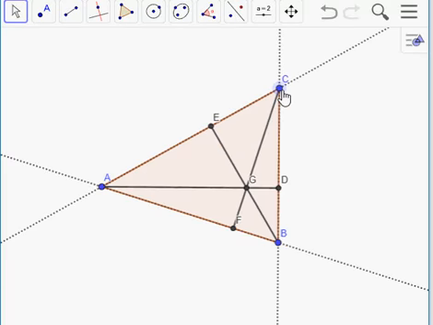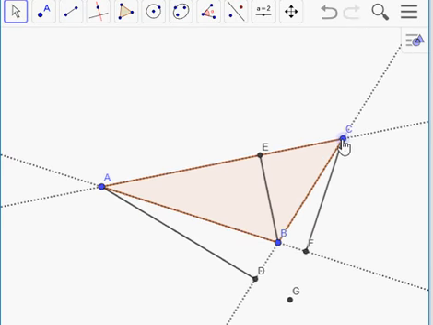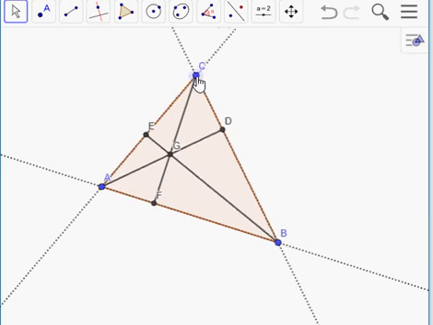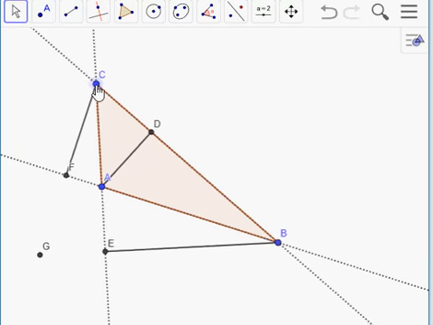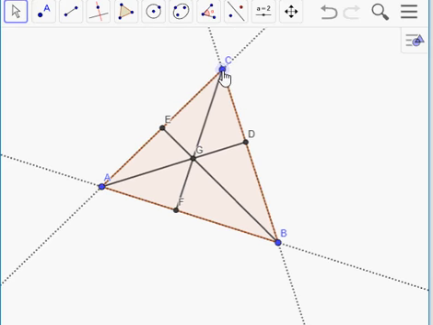So the altitudes either meet on the inside, or when the triangle's obtuse, they meet on the outside. Notice that when the triangle's obtuse, two of the altitudes actually fall on the outside of the triangle, while one of them is still on the inside. You'll always have at least one altitude on the inside. You could have two altitudes on the outside or all three on the inside. Those are the two possibilities you could have.